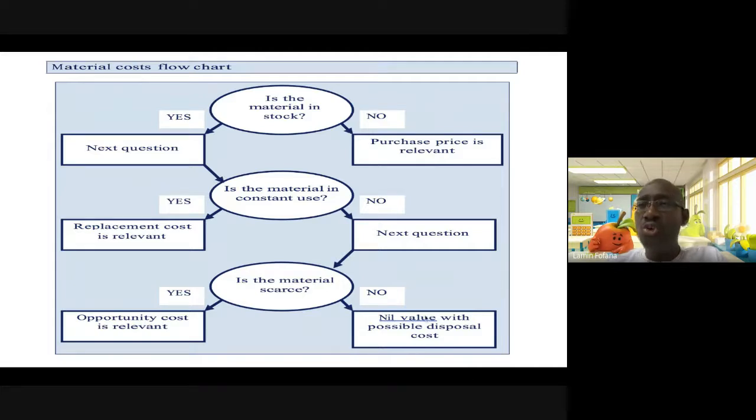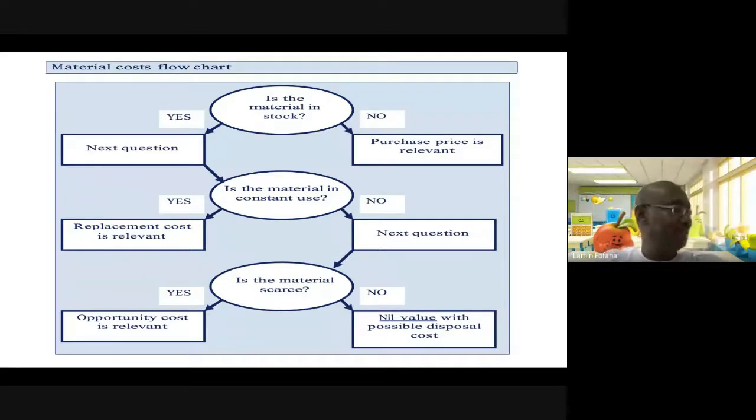So use it on the order, but don't charge the customer, because if you charge the customer, you are increasing your order unnecessarily. So give it a nil value, and in case you have to dispose of some of them as a result of this order, any disposal cost that you incur, you have to charge it on this order.